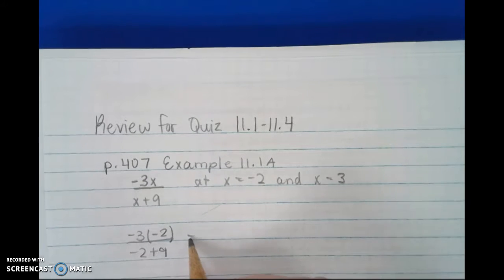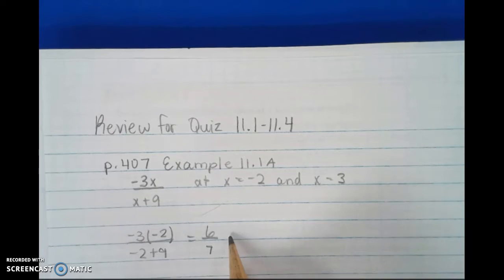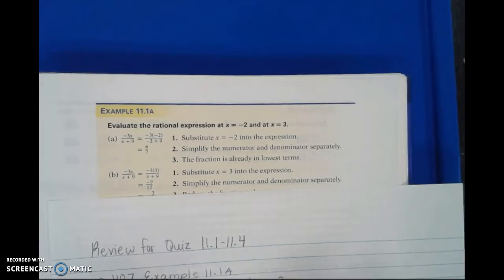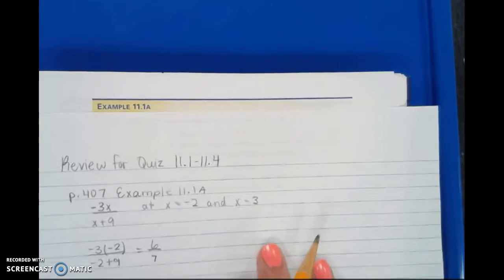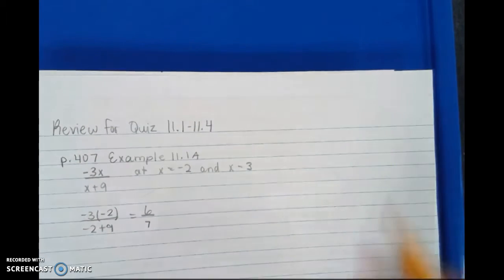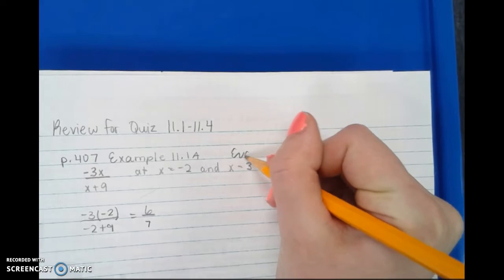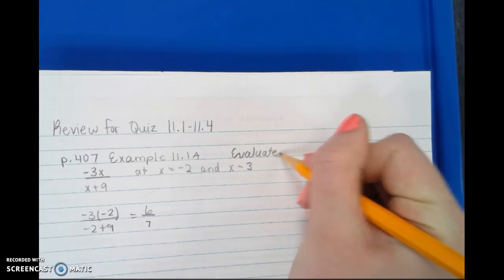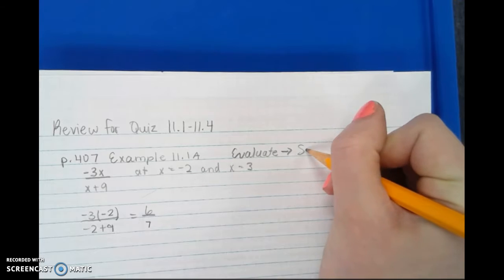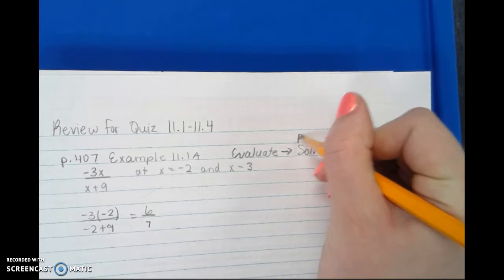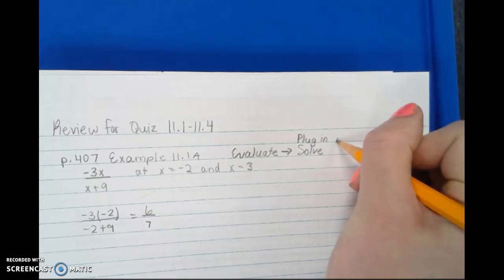Now, -3 times -2 is 6, -2 plus 9 is 7. So your answer is going to be 6/7, and it matches your book. So evaluate means solve. So plug in and solve.